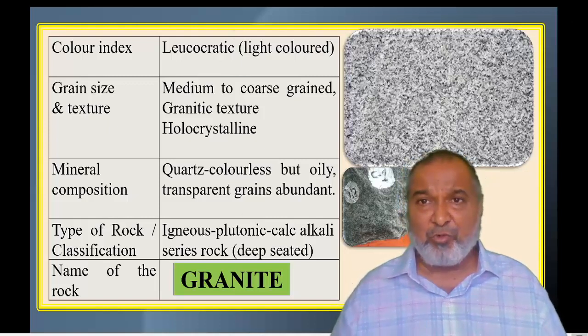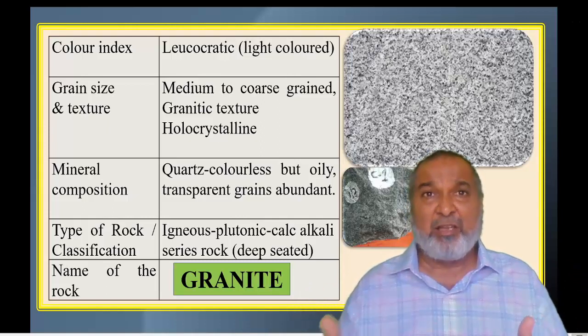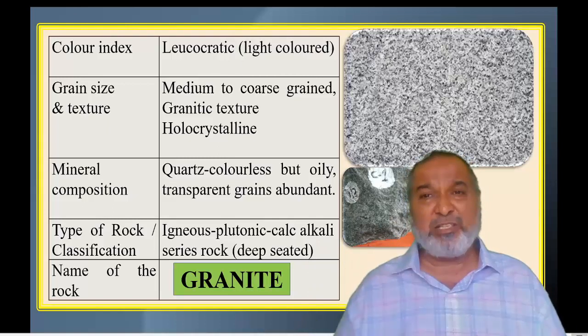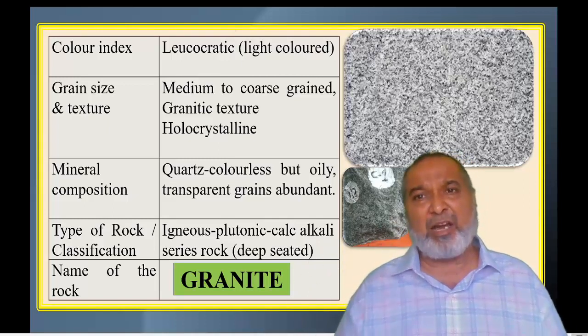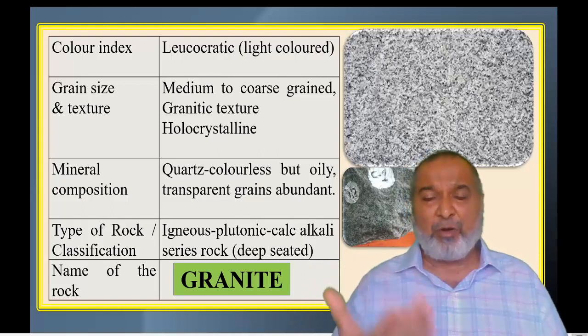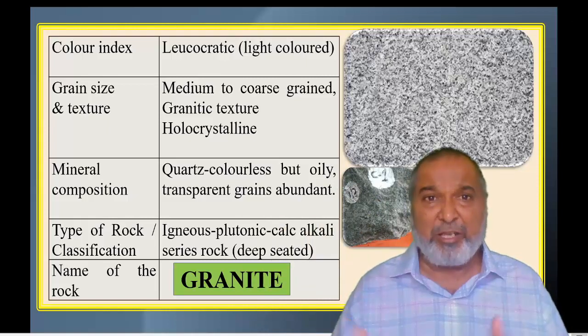So which are the light color minerals? Those which are colorless, for example quartz and feldspar. These are the light ones, so their presence will be more. But in addition to this, there can be a little bit of dark color, that might be biotite or hornblende. You have to check with some of the properties, but this is the way you are going to make it out.